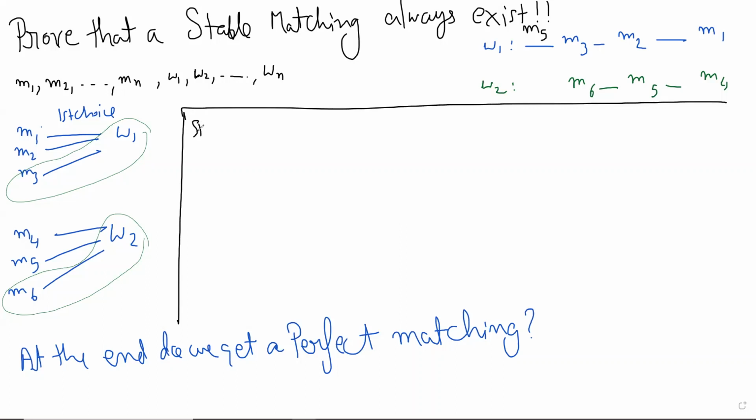Step 1: group the men with first preference, within a group, in the ith group.